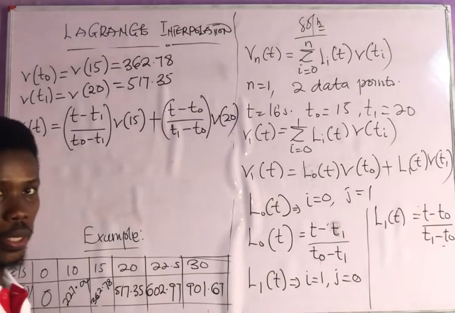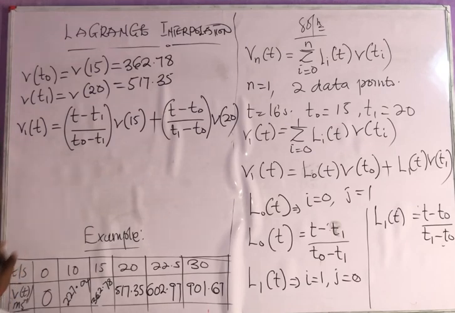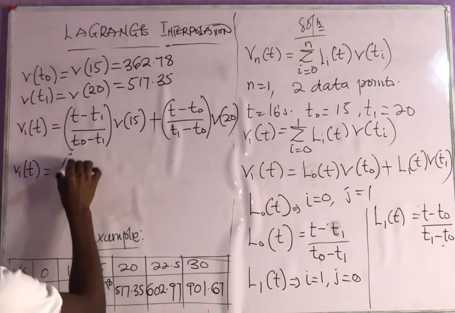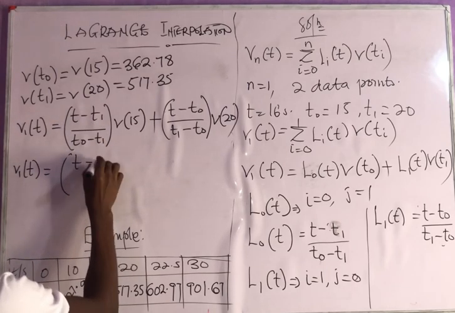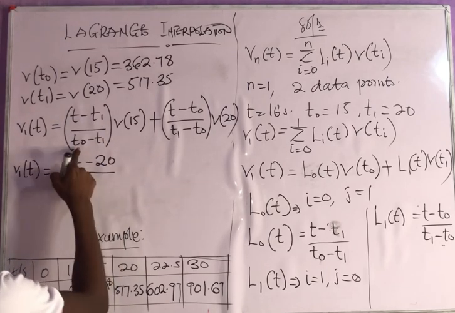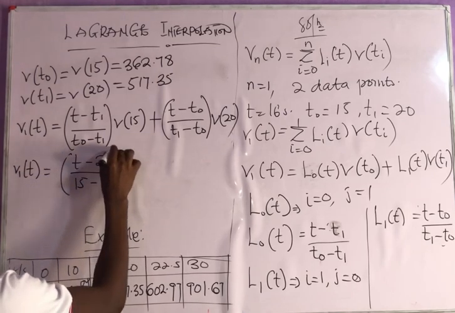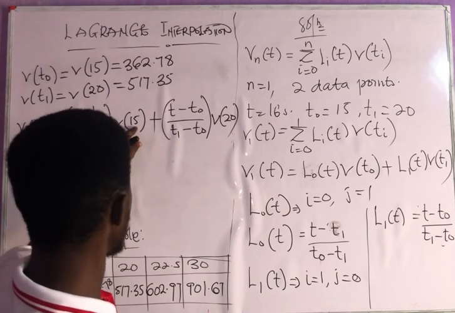We know t1 and t0 already, so V1 of t equals t minus 20 over 15 minus 20, multiplied by V of 15.